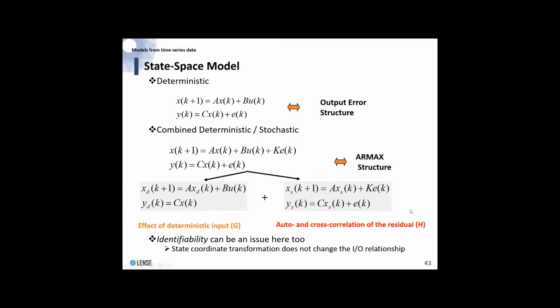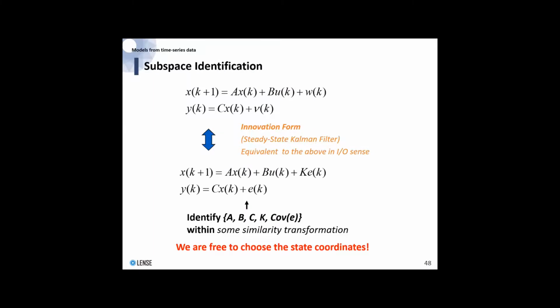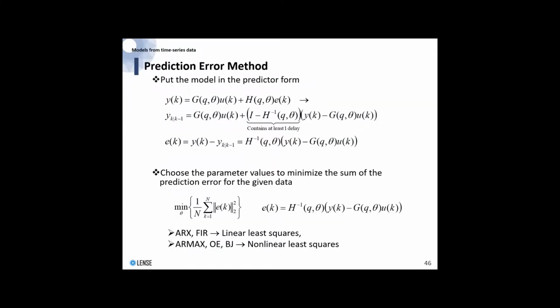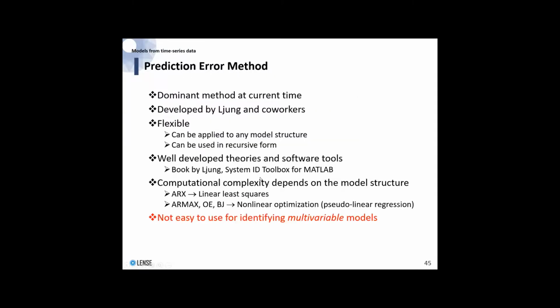Now, the reason why you go for this state space structure rather than the transfer function structure in the case of multiple outputs is because of what's called subspace identification. Normally, you estimate parameters using things like least squares or pseudo linear regression.